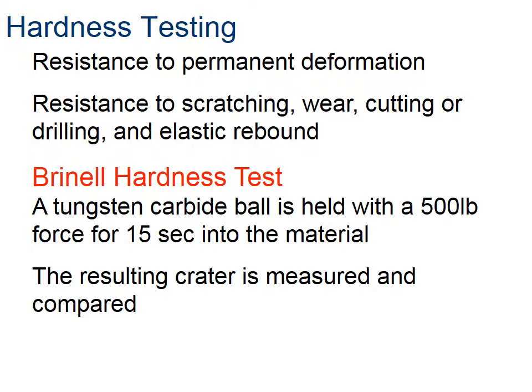They're kind of the same, but they use two different methods. A Brinell hardness test uses a tungsten carbide ball, and you press for 500 pounds and 15 seconds, and then you measure the crater. It might be 1 millimeter, 2 millimeters, and so on, and you compare that to a table, and it gives you some number.